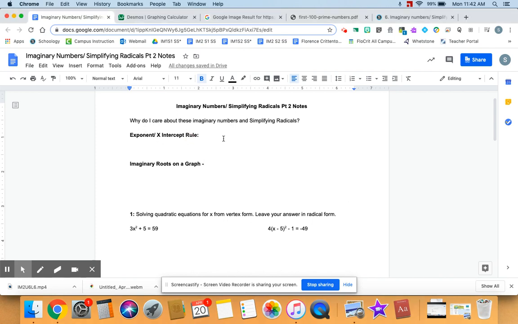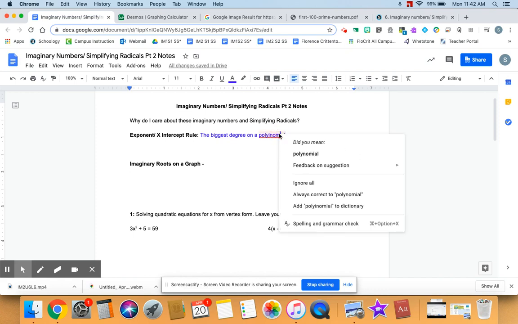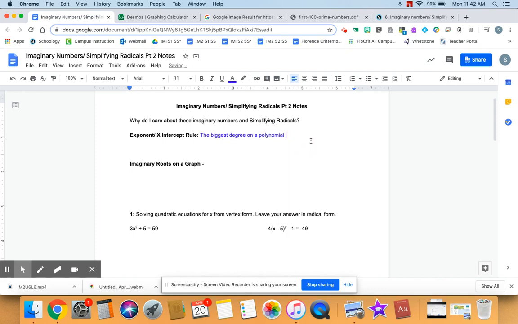First of all, there is this exponent x-intercept rule that says the following. The biggest degree on a polynomial is how many x-intercepts there are.